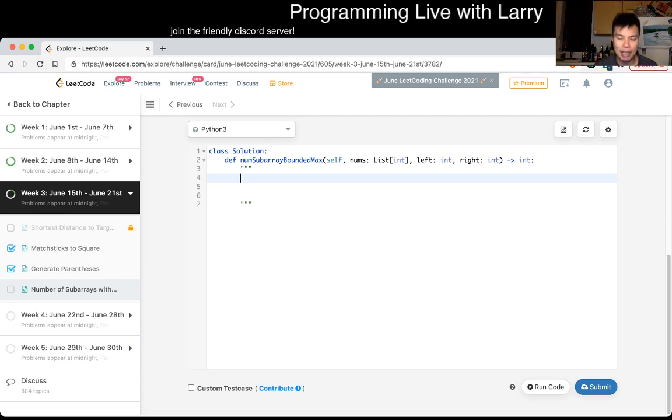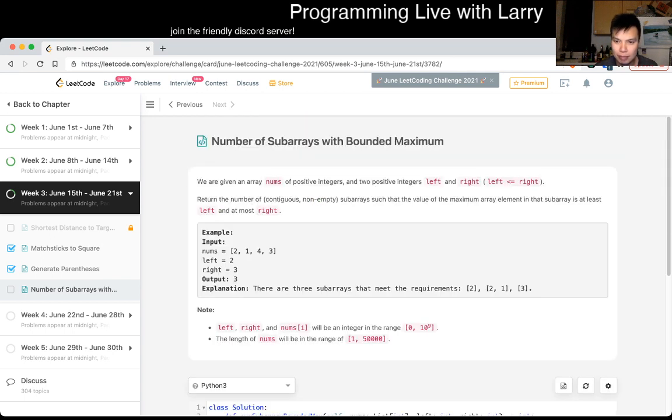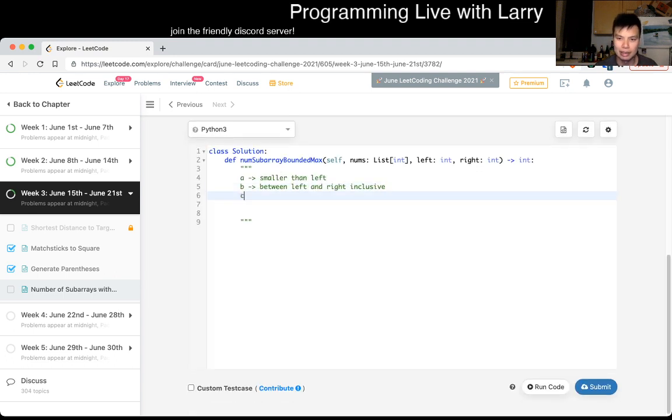Let's say we have three types of number. A is just smaller than left. B is between left and right, inclusive. And C is larger than right.